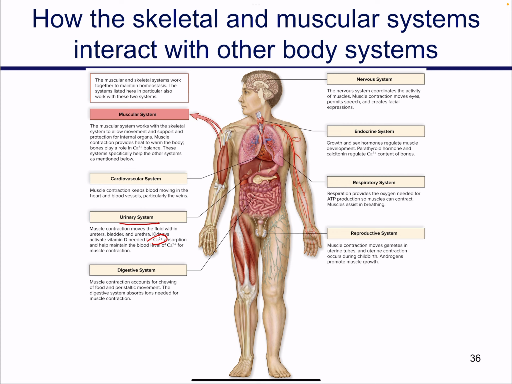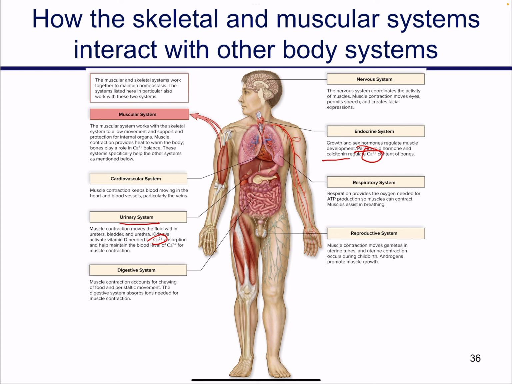For the endocrine system, we have the parathyroid hormone and calcitonin that regulate calcium level. You have the kidney, which plays a very important role in vitamin D, vitamin D that activates the absorption of calcium in the digestive tract, right?